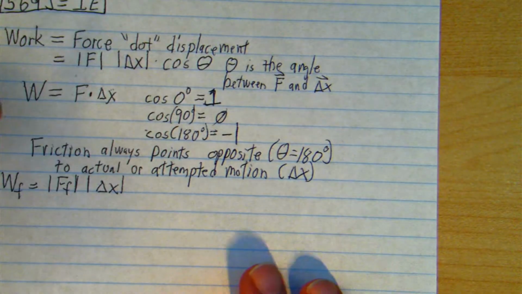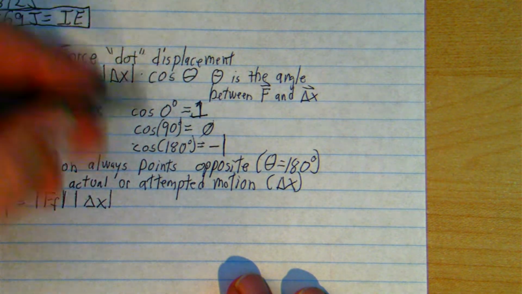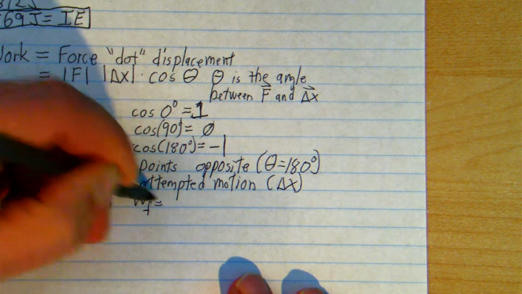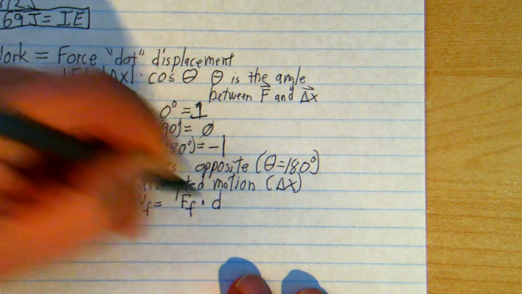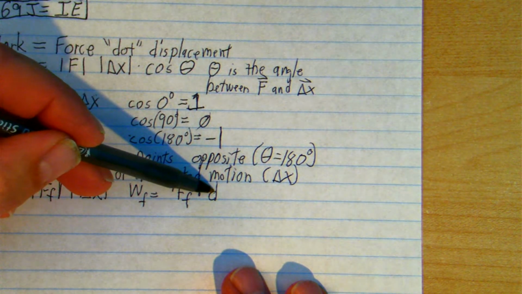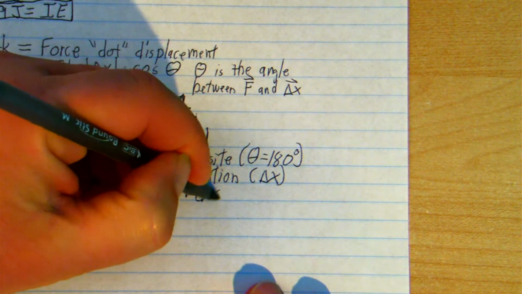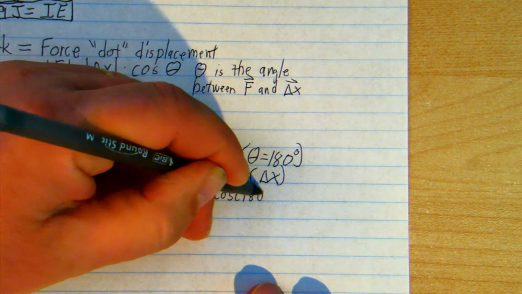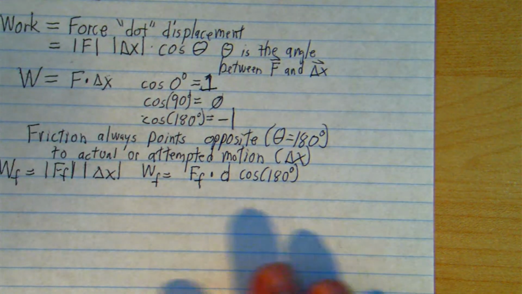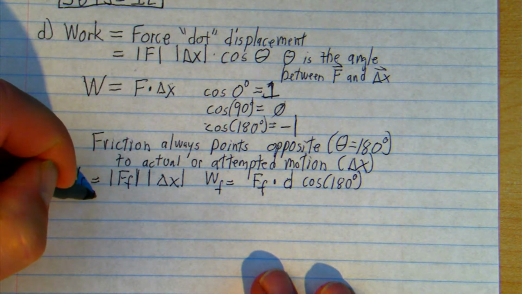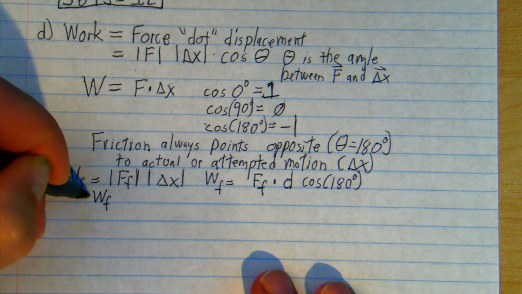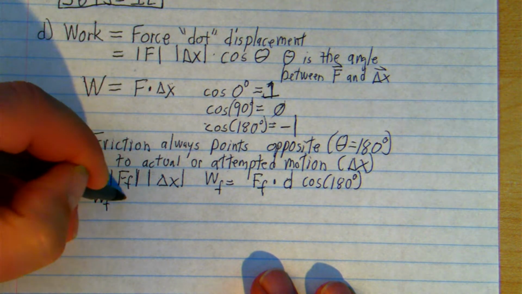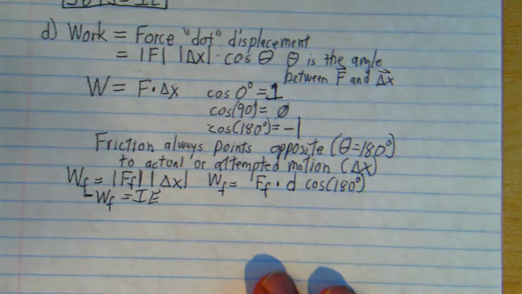So maybe for clarity, I should say the work done by friction is the force of friction times the total distance d that it travels times the cosine of 180 degrees. In this problem, the negative of the work done by friction is the internal energy.